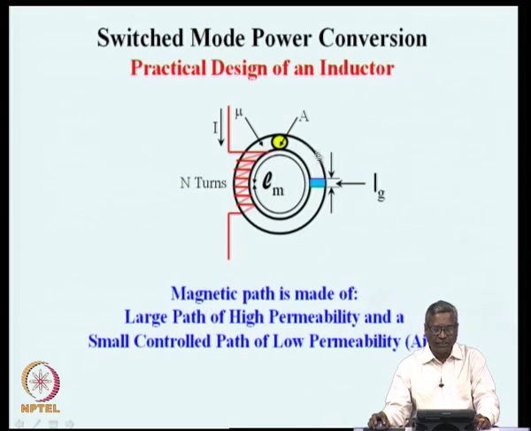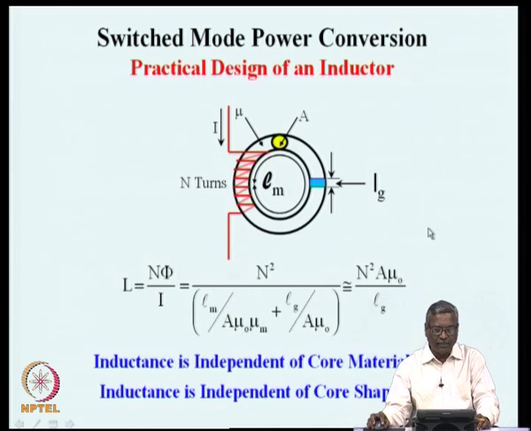The area of cross section is the same, the length of the magnetic path is nearly the full toroidal ring's length, and there is a small controllable path of low permeability. The reason for introducing this will become very clear in the next slide.